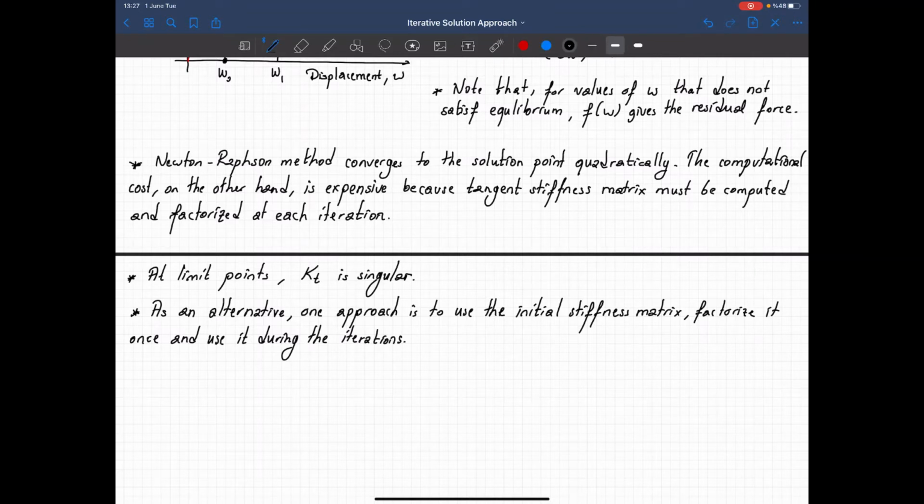So this procedure, or this approach, let's call it an approach, is called the modified Newton-Raphson method.